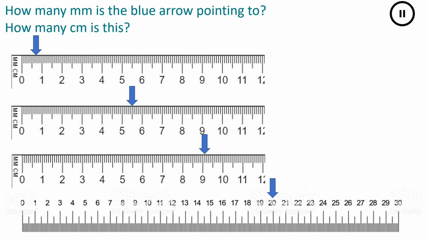The blue arrow is pointing to millimetres. Can you calculate how many centimetres each one of these are? Here I can see there are 1, 2, 3, 4, 5, 6, 7 millimetres.